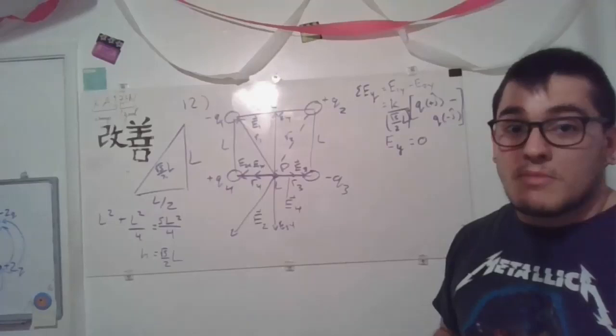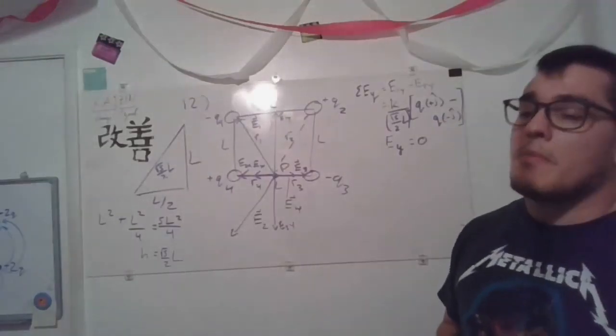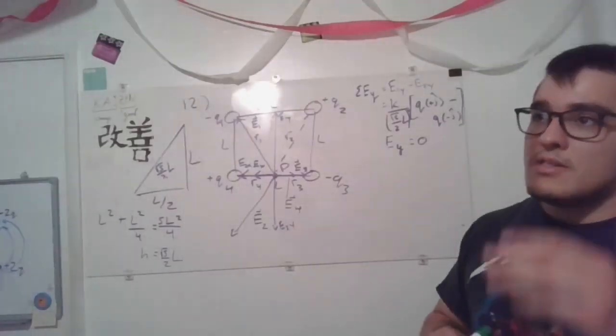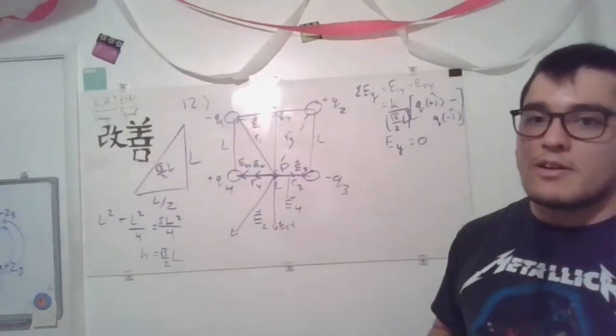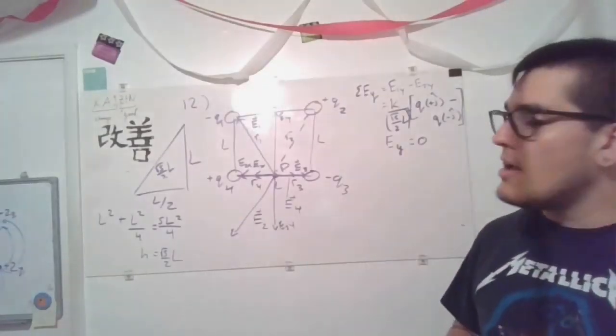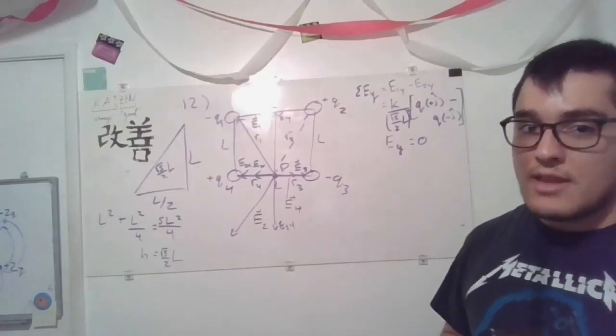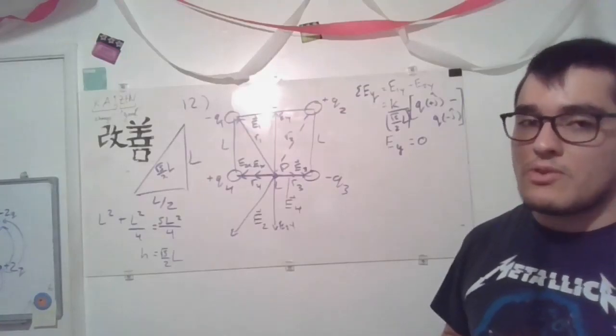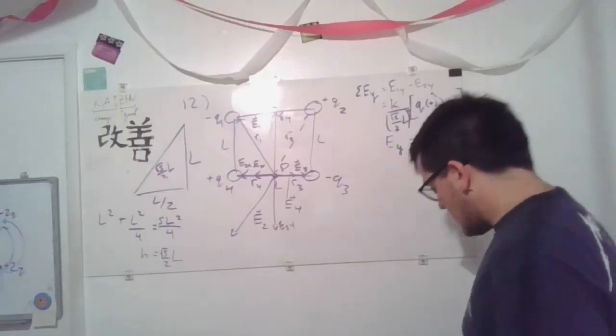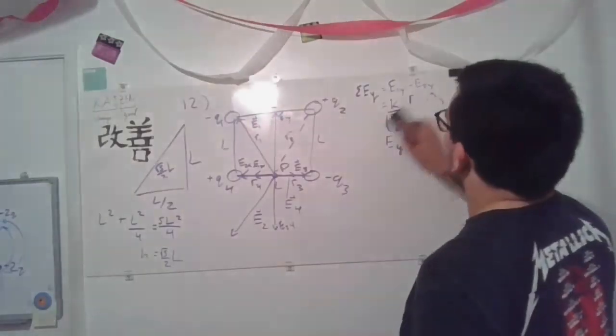So that's actually good because now we don't have to do the magnitude, which is the square root of EY squared plus EX squared. All we now need to figure out is EX, and that will give us the electric field magnitude. So let me erase this.